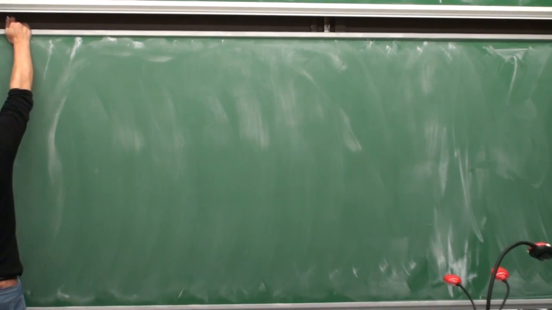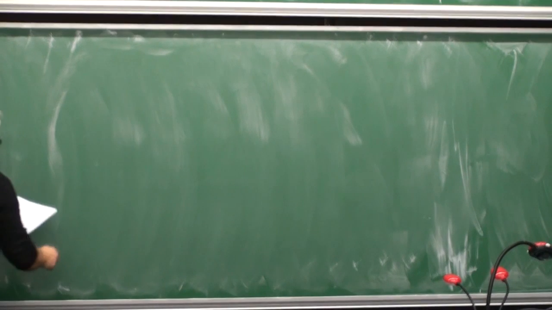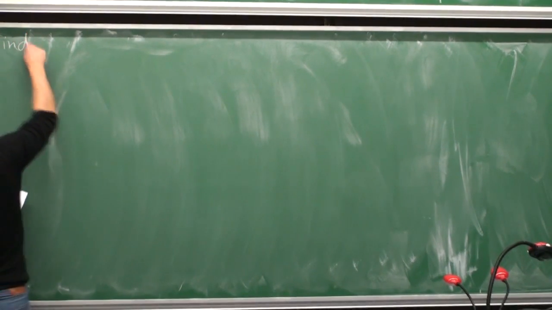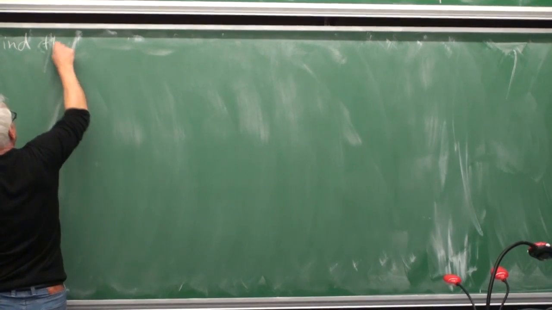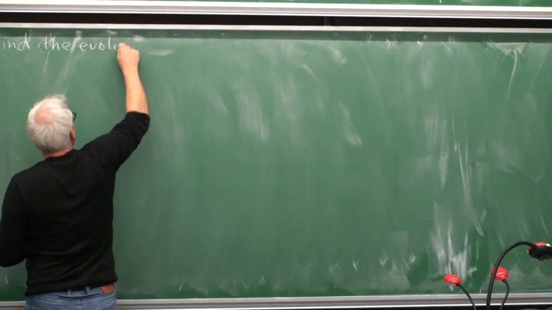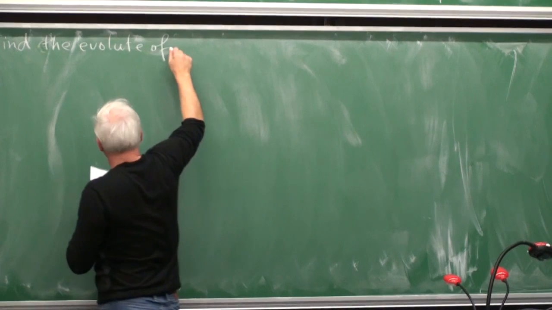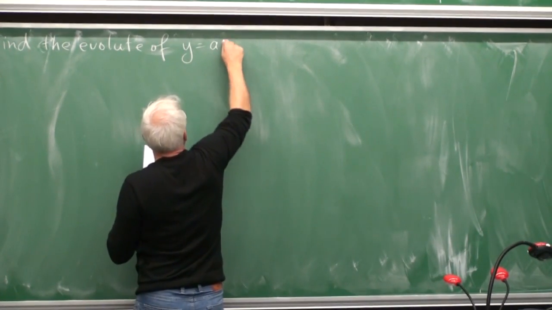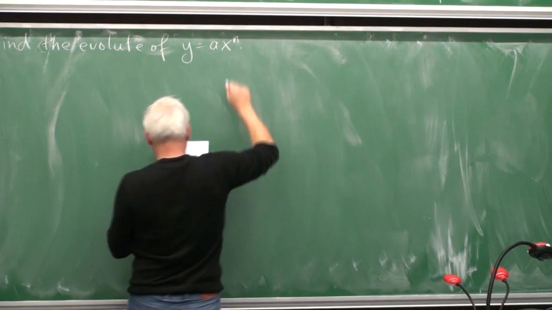All right, so let's now go to one of the more challenging questions that I've given you so far, which is: find the evolute of the power function y equals a times x to the n.